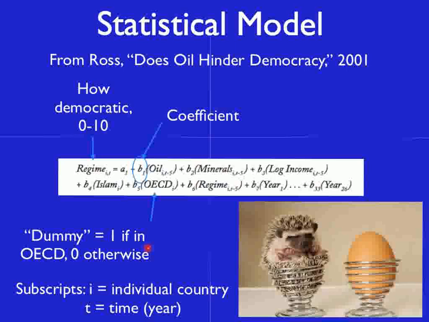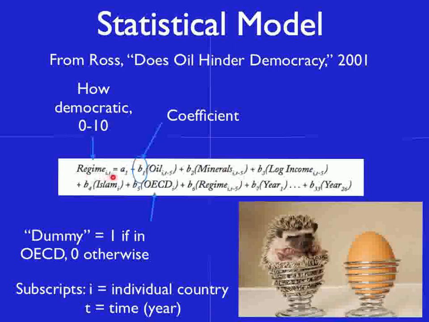It's slightly more complicated than a line, obviously, because there are many independent variables, but the basic idea is similar. Each independent variable will be measured. The computer will calculate a coefficient for it that allows the best possible prediction of regime.